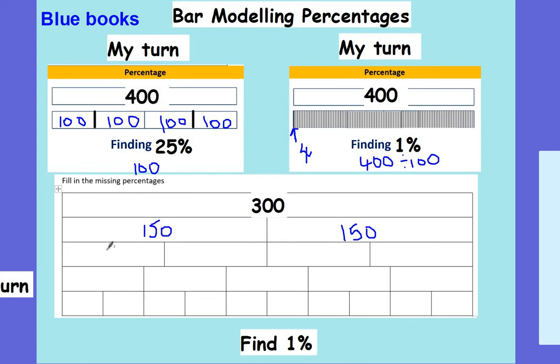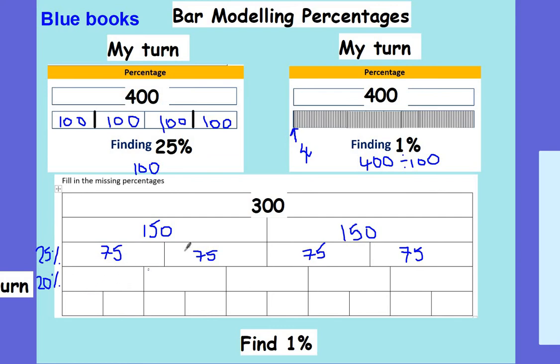Okay, let's go through some answers. So for the 25%, which is this section here, we should have 75 in each of these bars. 75 and 75. The one below it is showing us 20% because we've divided the 100 by 5.